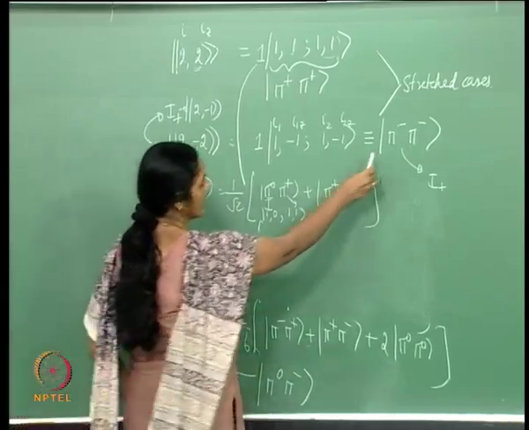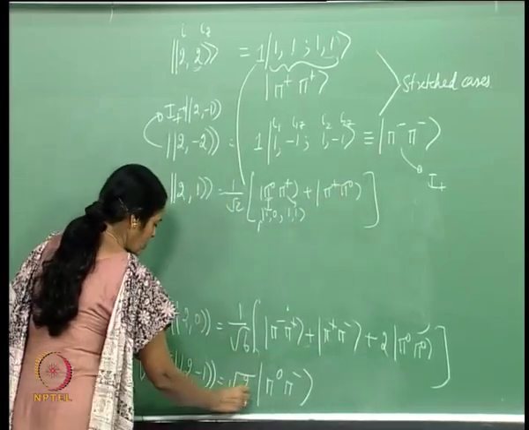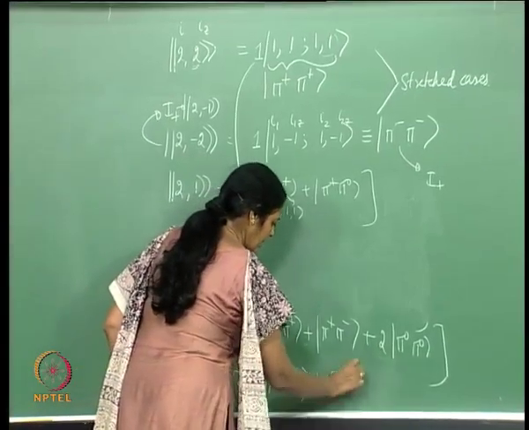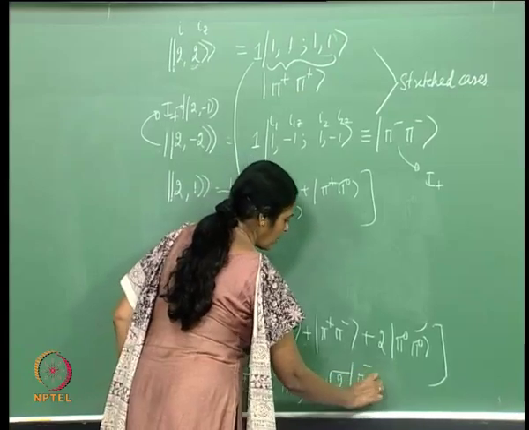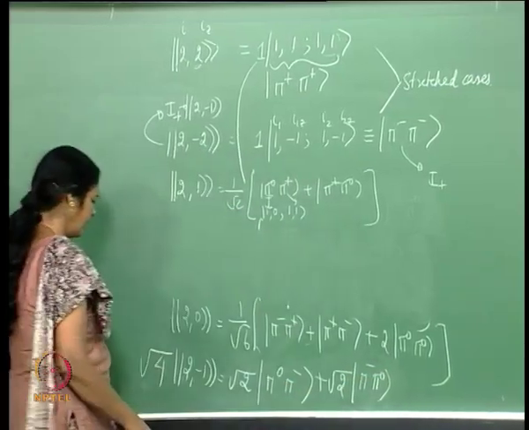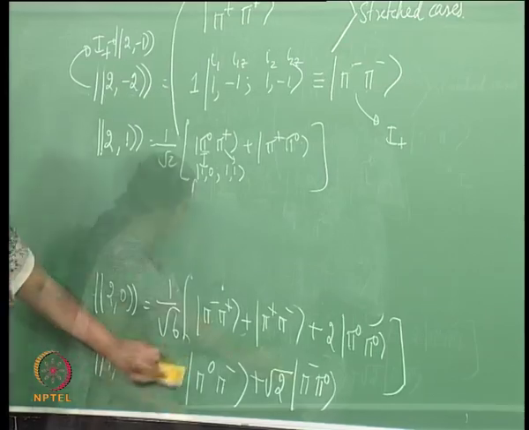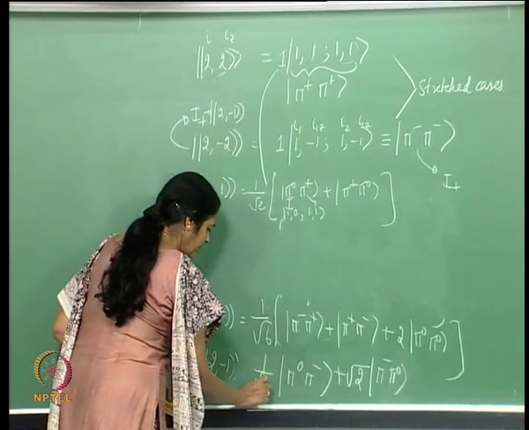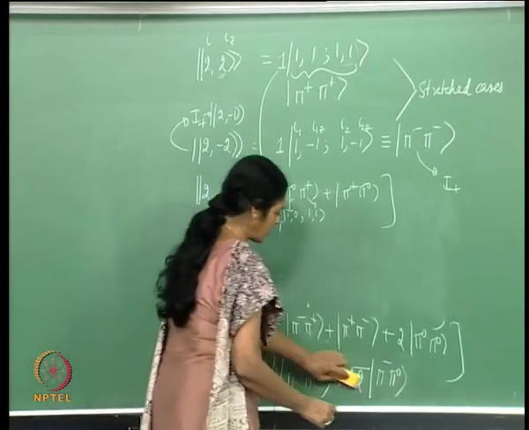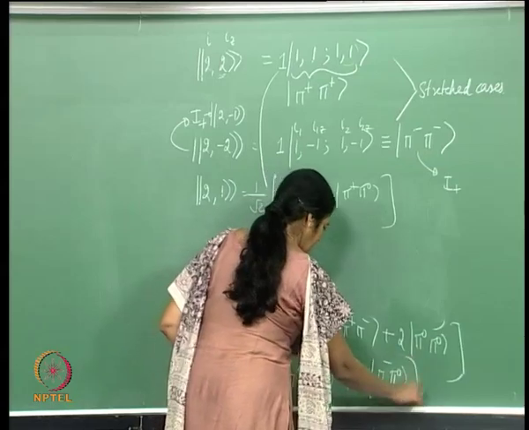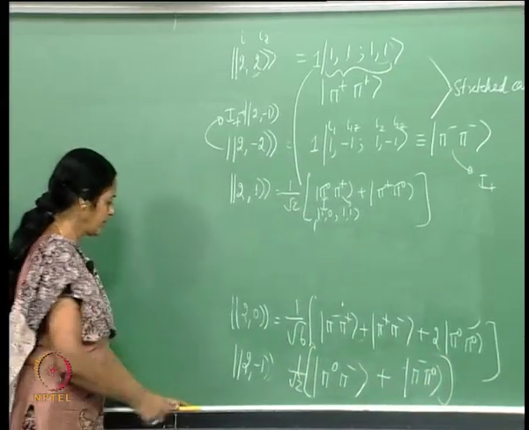The coefficient itself gives me a 1 plus 1 there, and then of course again I have a root 2 pi minus pi 0. In other words, 2 comma minus 1 is 1 by root 2 pi 0 pi minus plus pi minus pi 0.